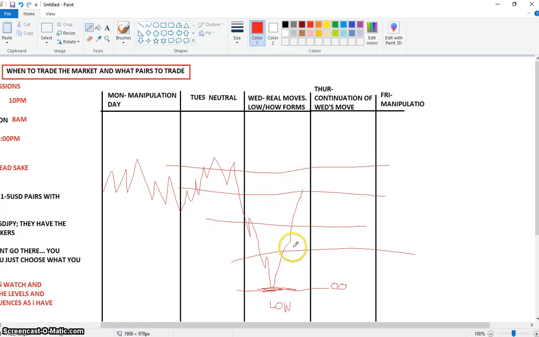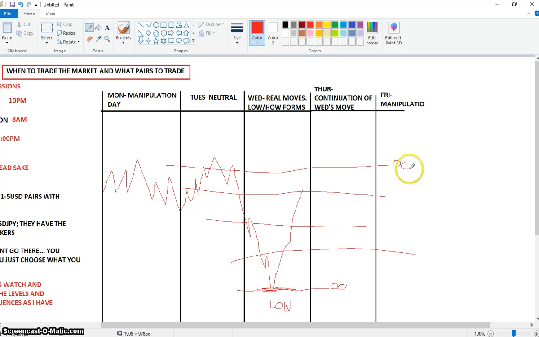This is an example of what we call a market maker buy model or a market maker sell model, but this one is a buy model. The way they came down is the way they will go up. If they stop at a 0 level, they will end at a 0 level.